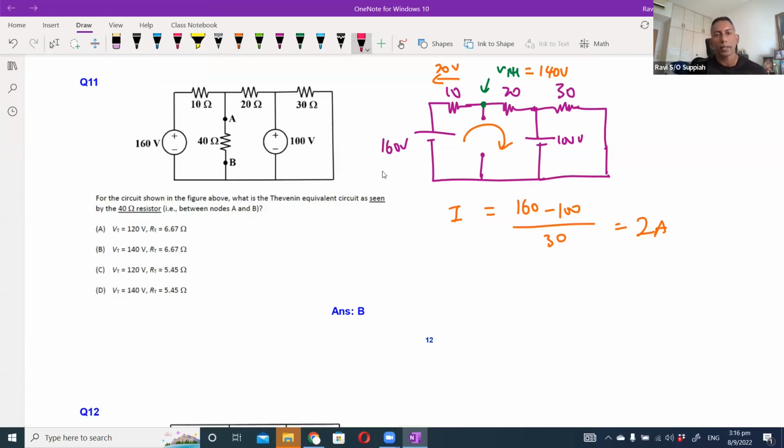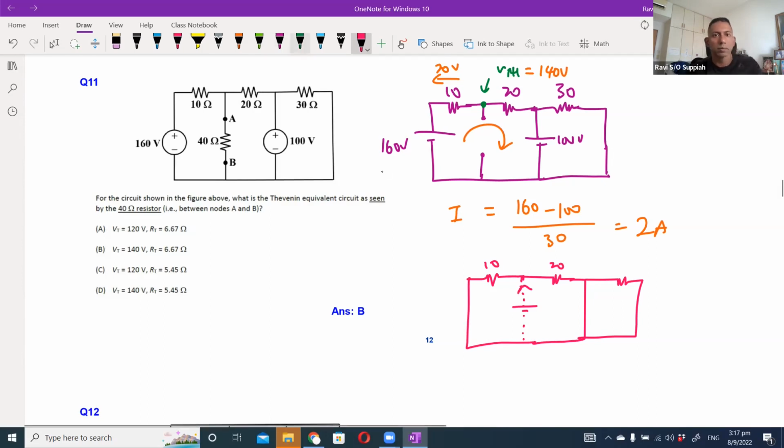Then to find RTH is the same thing. I'm going to put in a supply. So I'll have 10 ohm, 20, and 30. If you look at how the current will flow, the current will flow here, and from here it will split into here and here.